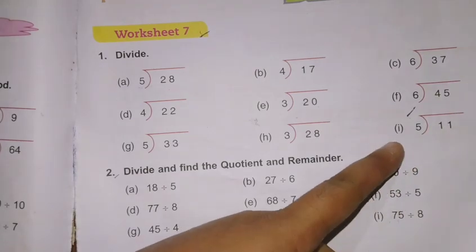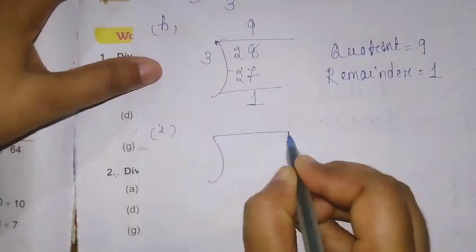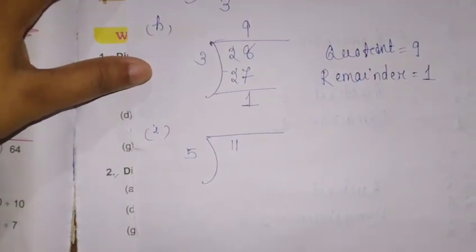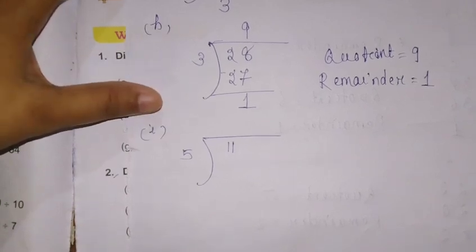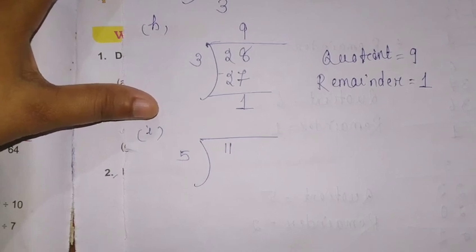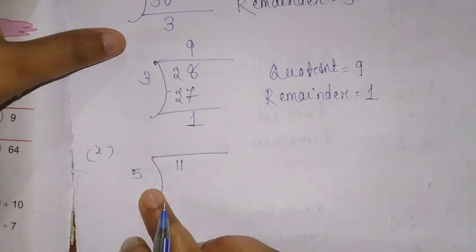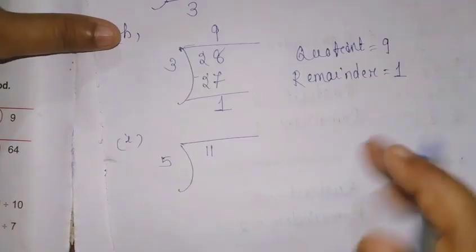Then another point I. 11 divided by 5. First, we recite the multiplication table of 5 till we get 11. We will not get 11 in the multiplication table of 5. Then we recite the multiplication table of 5 to get the number which is just less than 11.